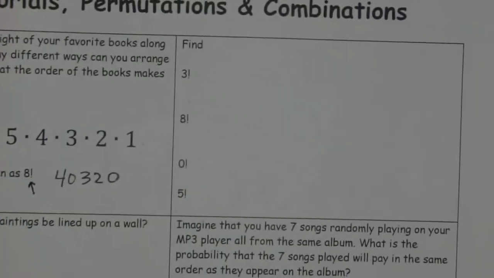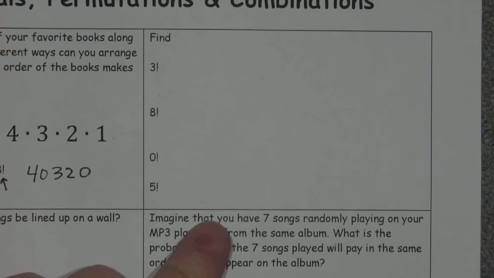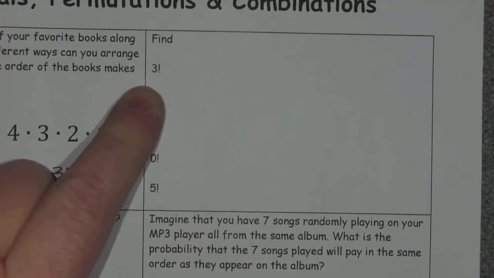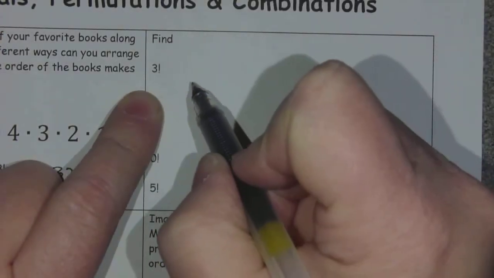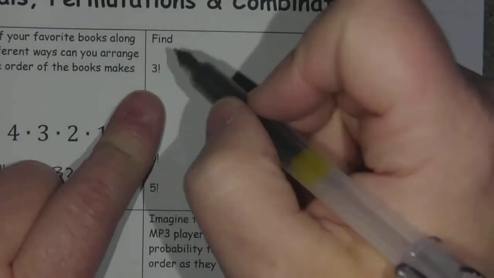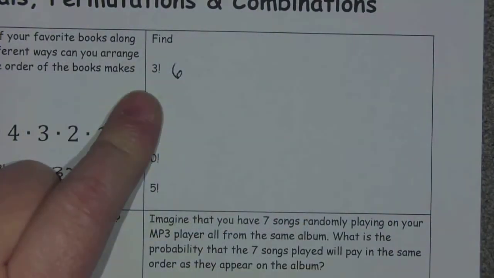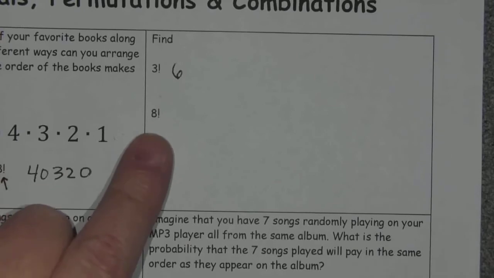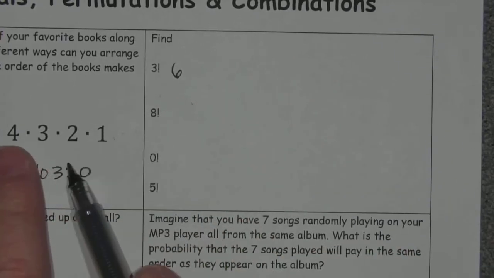Okay, so really fast, let's find these factorials. So 3 factorial is 6. Now that one might have been easier to do in your head when you think about it. 3 times 2 times 1. I know, do it on your calculator. Okay, 8 factorial, we actually just did that, right?